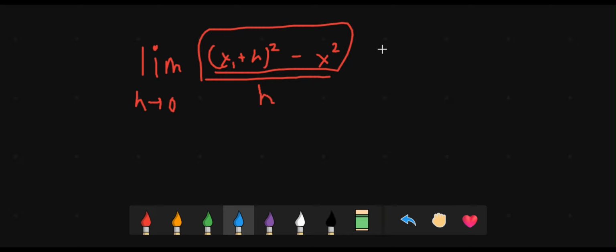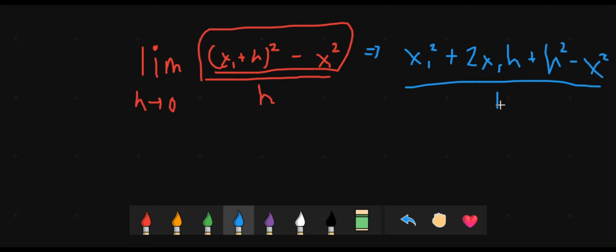We get x1 squared plus 2x1h plus h squared minus x1 squared, the whole thing divided by h.